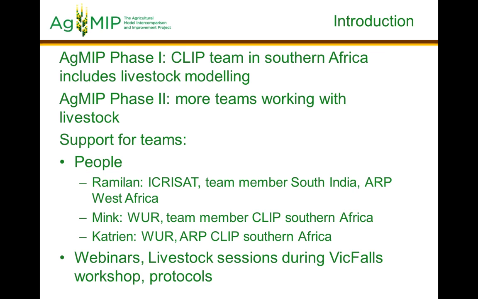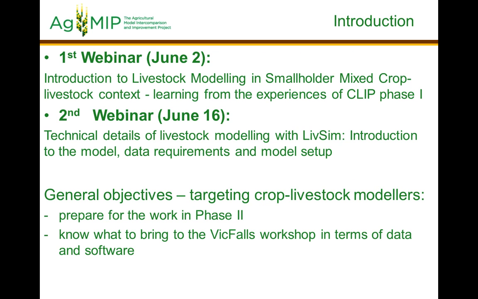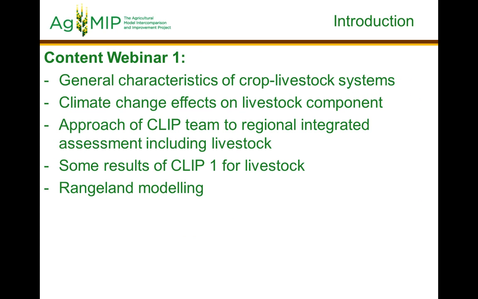And so we are basically a group of 3 people, the 3 people that I already mentioned, Ramilan, Mink, and myself, who are now part of AgMIP phase 2 to provide some support for the teams that now will include livestock. As mentioned, Ramilan is an ICRISAT staff member. He is actually a team member of the South India team.